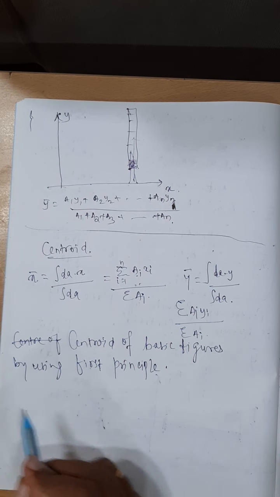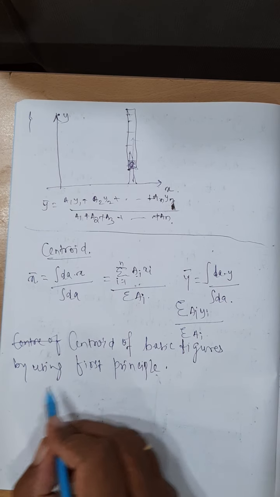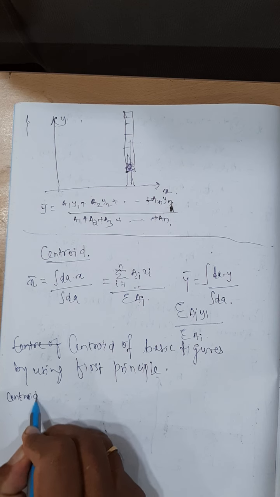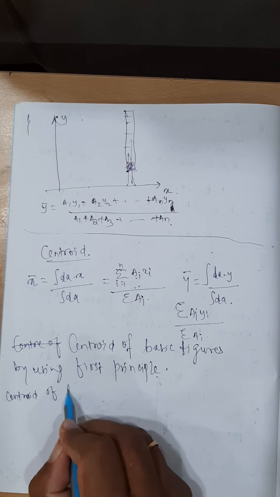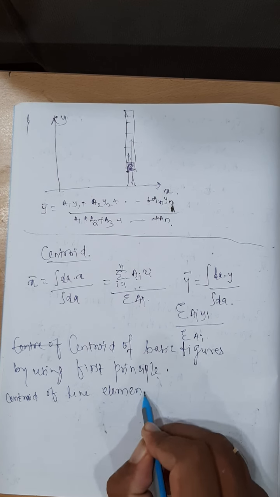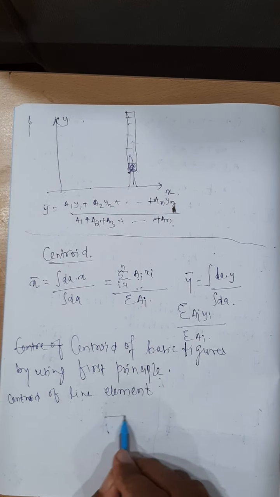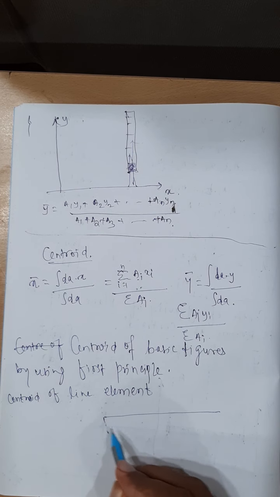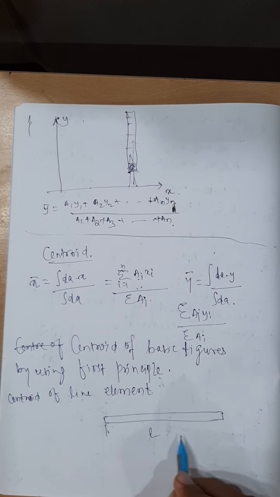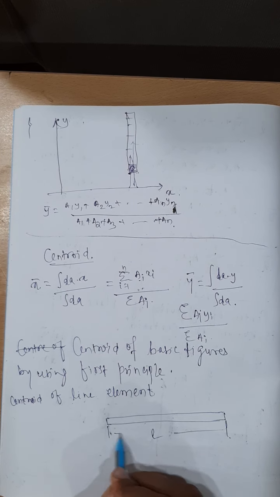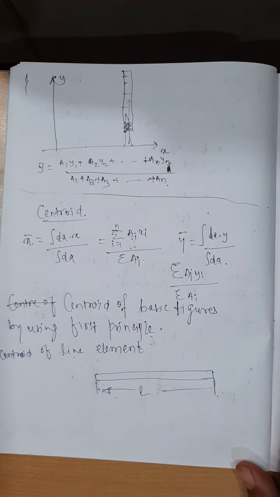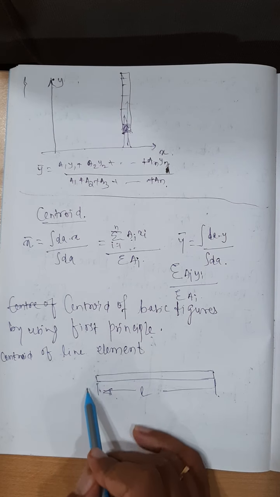For example, the centroid of a line element. Consider an object of length L. We need to calculate the center of gravity of this particular object from the x and y axes.